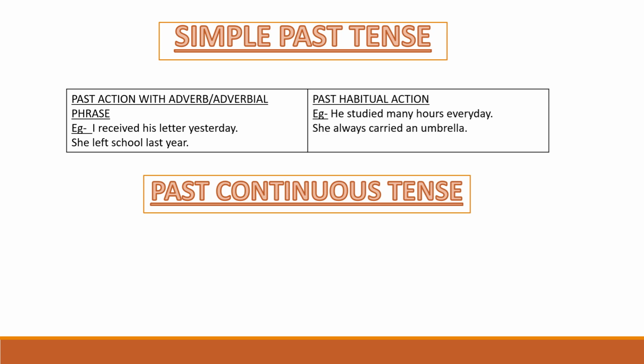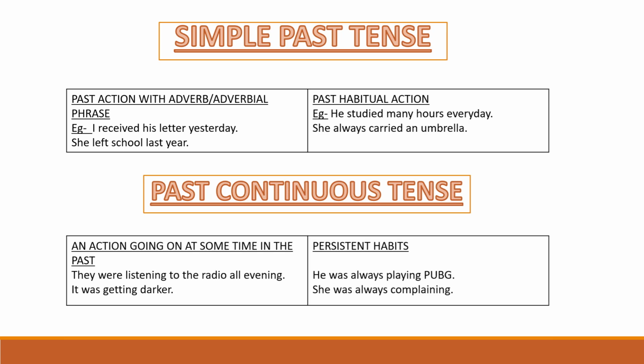Now, moving towards the next kind of this tense, this is past continuous tense. In past continuous tense, you have to remember here some rules. Sometimes when it is used. First part, this is an action going on at some time in the past. Means any action which was in continuity in the past.